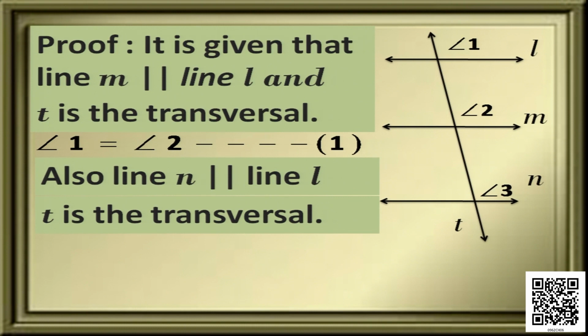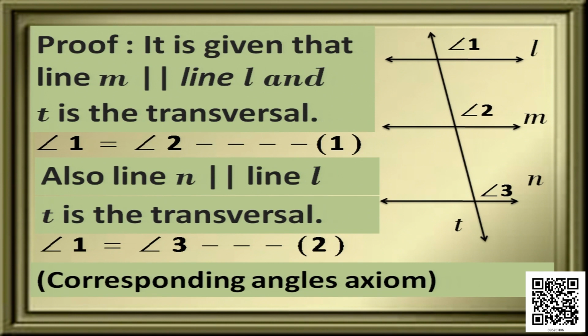If line N is parallel to line L and T is the transversal, then what are the corresponding angles? The corresponding angles are 1 and 3. So these two are also equal by the corresponding angle axiom.